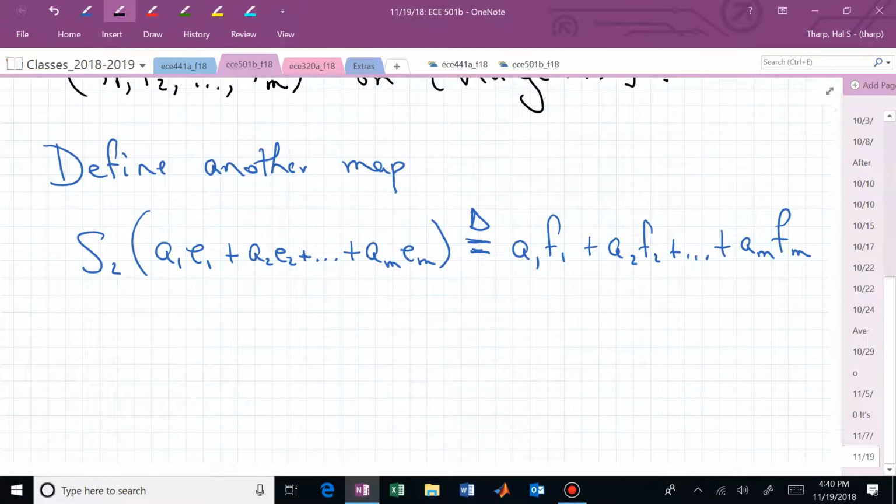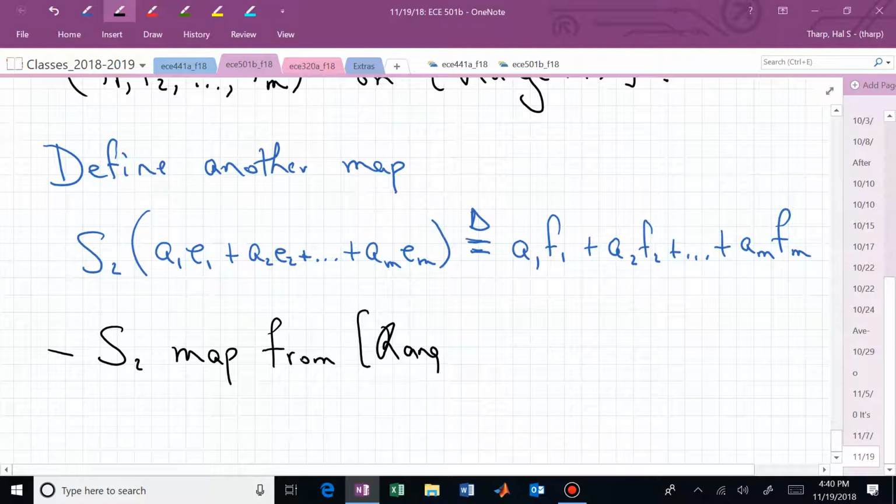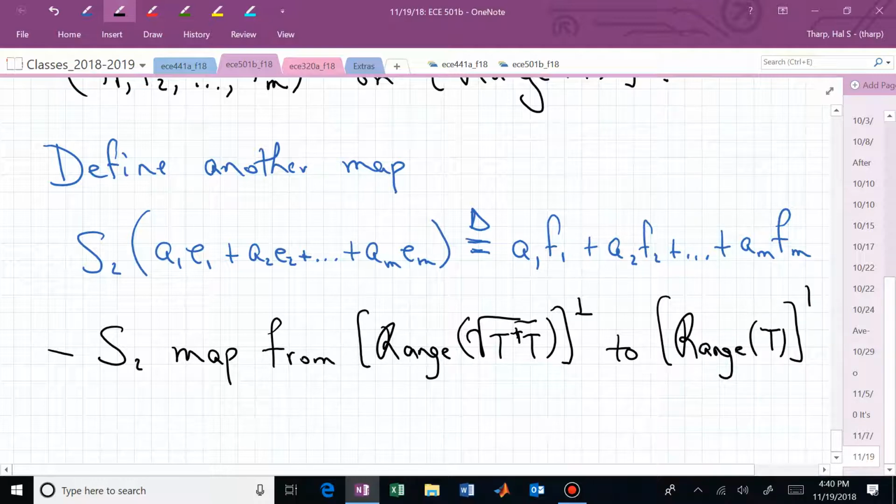And what does that mean? Well, S sub 2 is now a map, a rotation, from the orthogonal complement of the range of the positive square root of T dagger T to the orthogonal complement of the range of T. That's S sub 2.